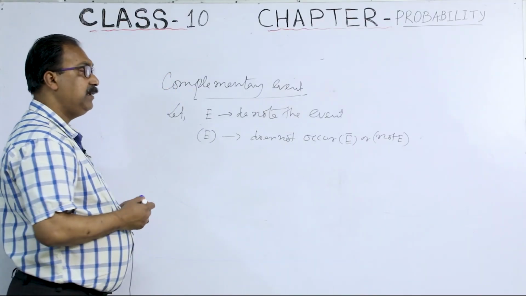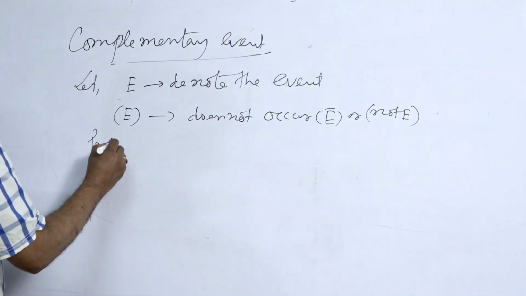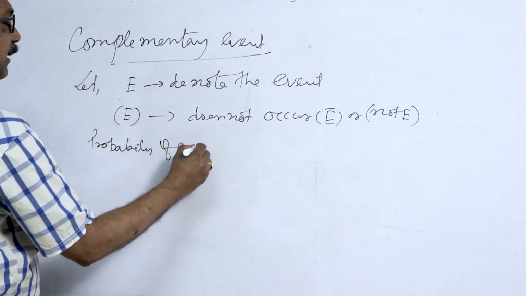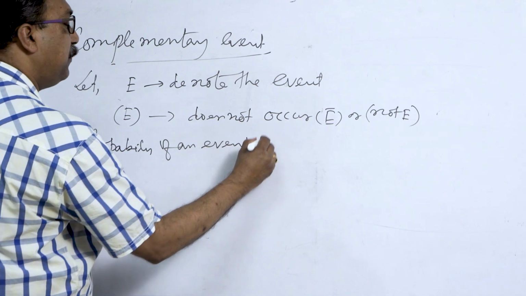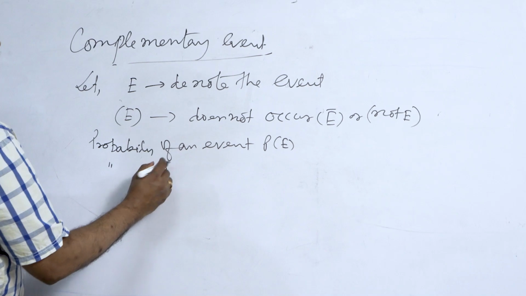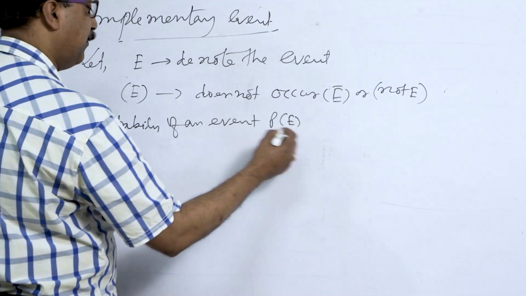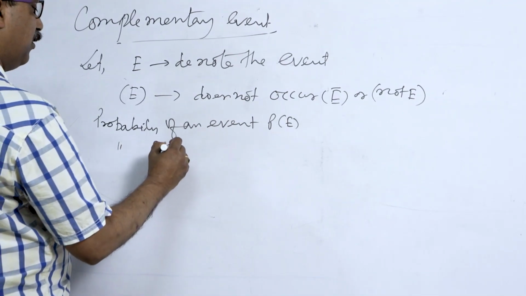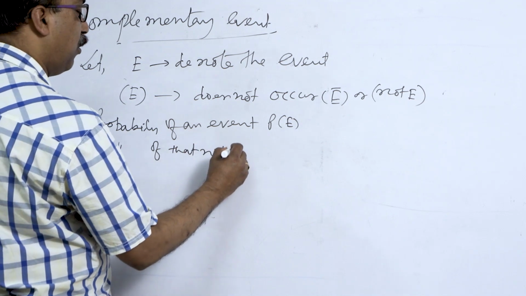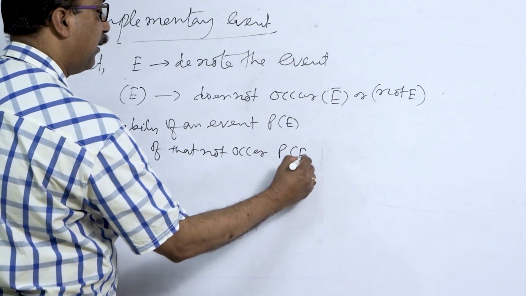If it is the probability of an event, that is P of E. And the probability that the event does not occur is called P of E bar.